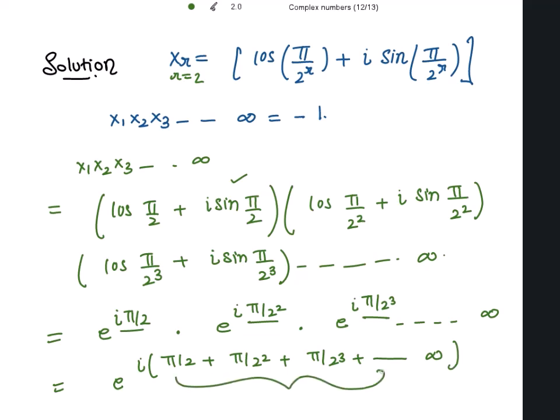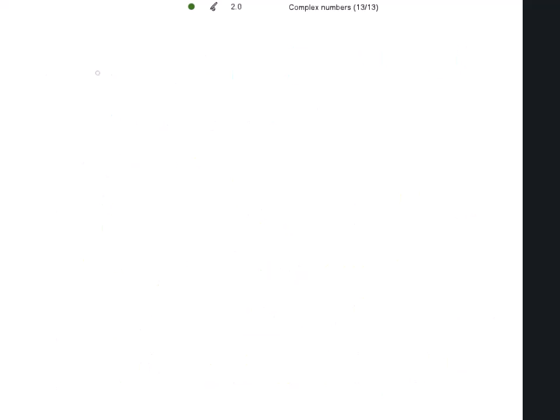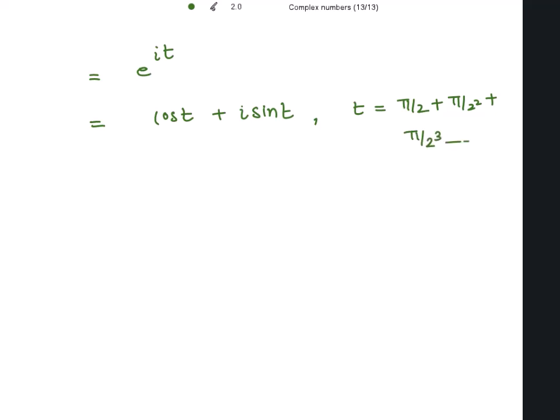Yes. If I take this complete to be equal to t, what do I get? This is equal to e the power iota t. And again, using the Euler's formula, I can write this back as cos of t plus iota sine of t, where this t we have taken to be pi by 2 plus pi by 2 square plus pi by 2 cube and so on, right?